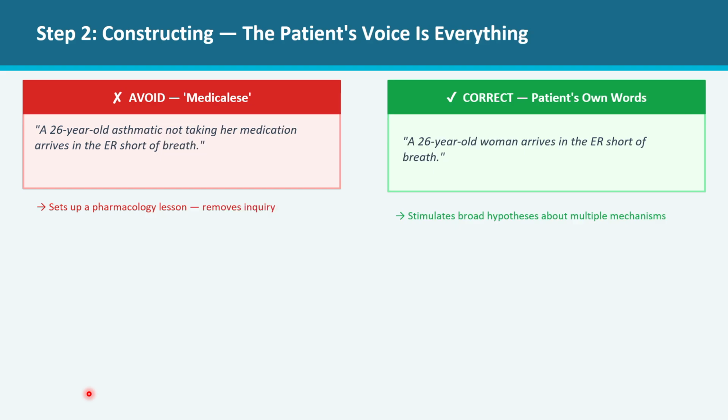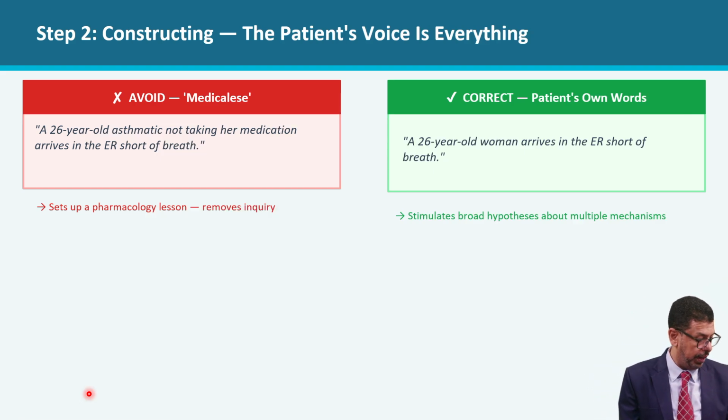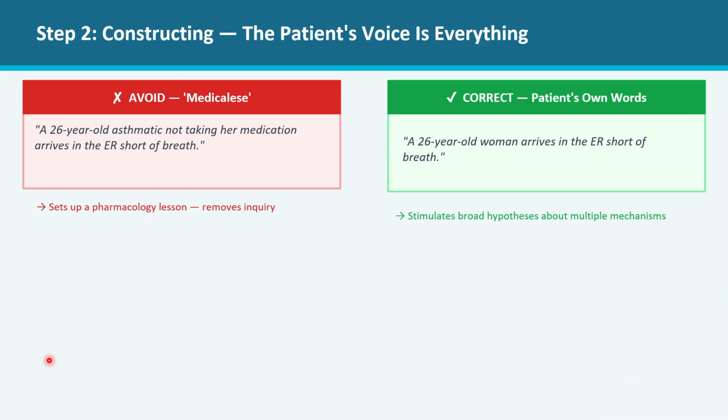In the constructing phase, it is very important to consider using the patient voice while writing the case scenario. So we have to avoid writing the case scenario using this style: a 26 years old asthmatic not taking her medication arrived to the ER because of short of breath.